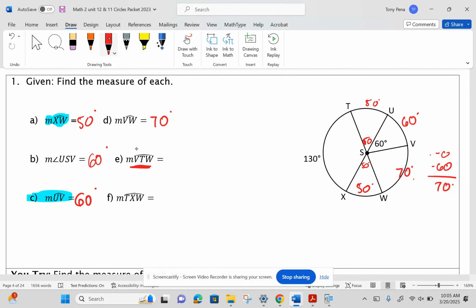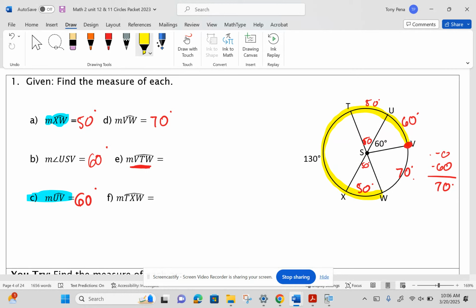So you're going to start at V. That means you're going to put a dot on V. You're going to finish at W, but do we go the direct route or the long route? Got to be the long route because of the 3 letters. So we're going to figure out what is our arc from V through T and then finishing at W. So we're looking for that yellow arc from V all the way around to W.